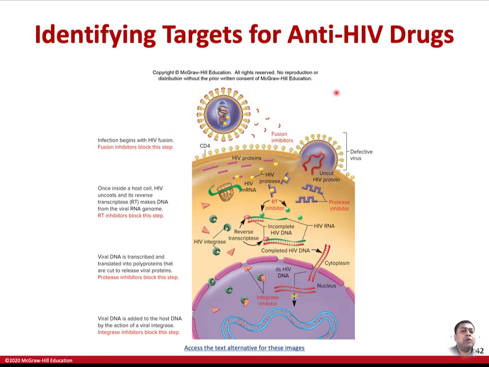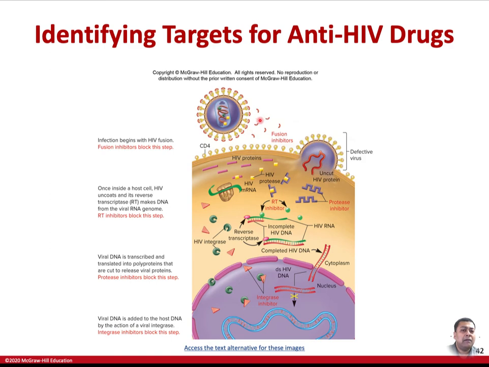So here we are looking at the life cycle of HIV, and we are not going to go into the virology of HIV, but we are just trying to identify the different areas where these drugs work. Here you are looking at the HIV particle, and on the cell surface you have these molecules, the CD4s.